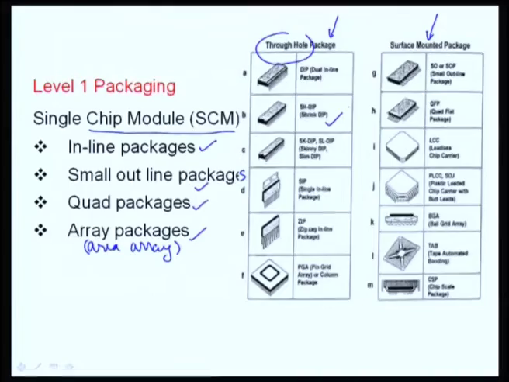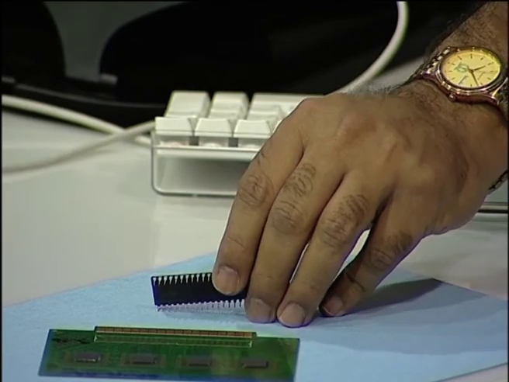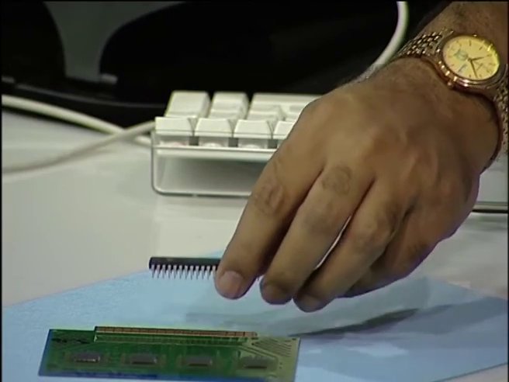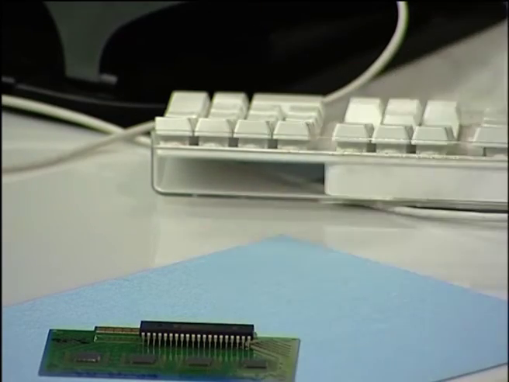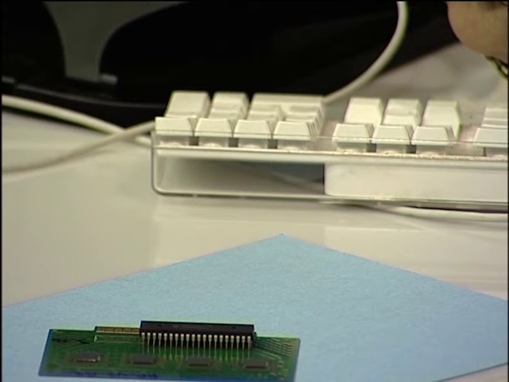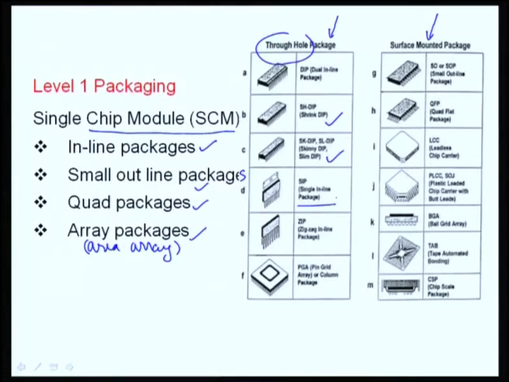Then comes skinny or slim dual inline packages. These are also available in the market today. Then comes a new category called single inline packages. Instead of having dual inline package, some packages will exhibit only one row of pins, okay, one row of pins which will go onto the board. So, those are known as single inline packages.